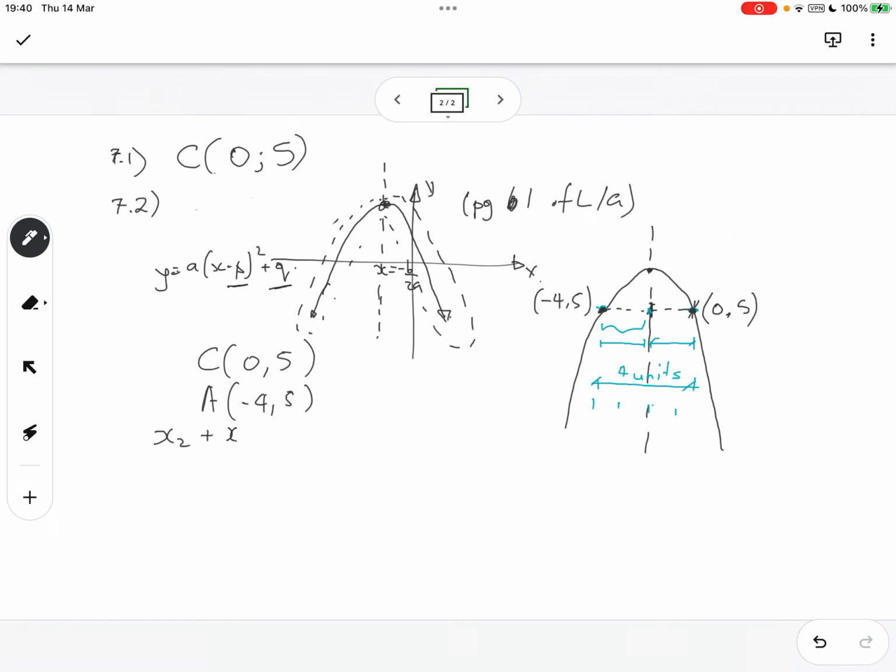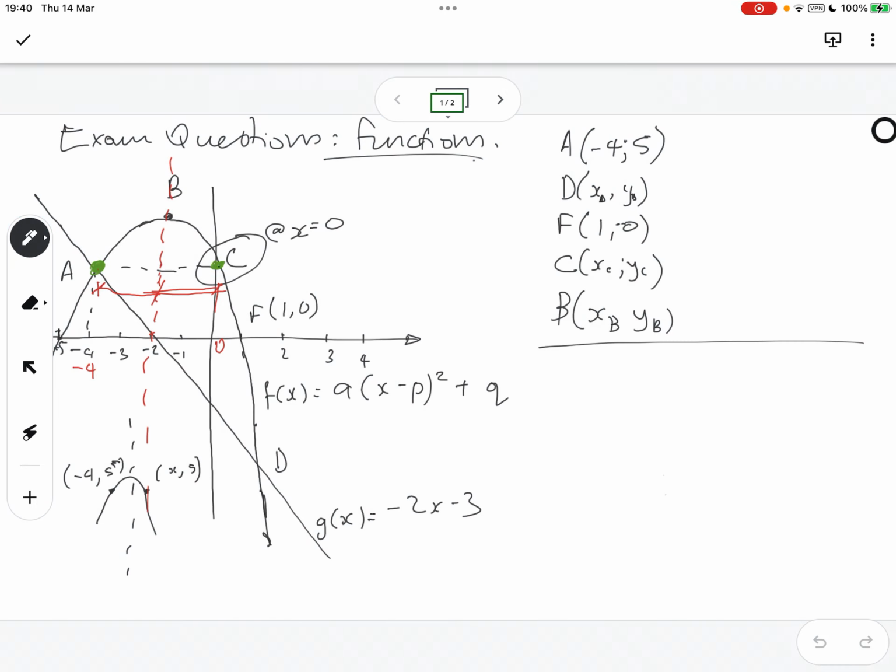And if it's halfway between them, then we know it's the second x value plus the first x value, divide by 2.